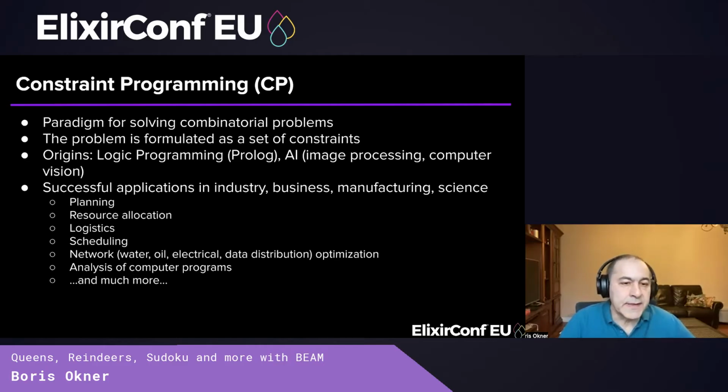A lot of successful applications in industry, business, manufacturing, and science. Things like planning, resource allocation, logistics, very popular in supply chain, all kinds of scheduling, network optimization, analysis of computer programs as well, and many more applications.